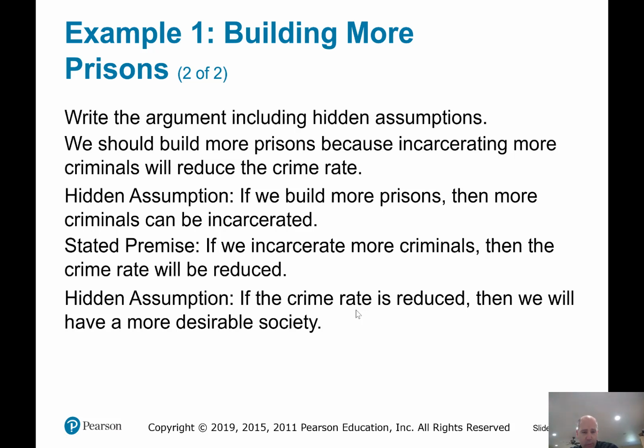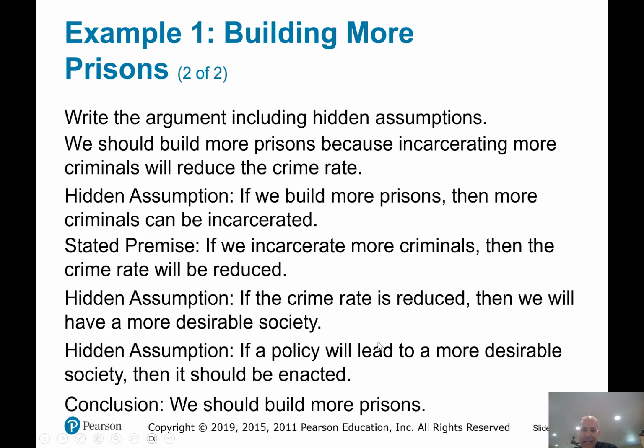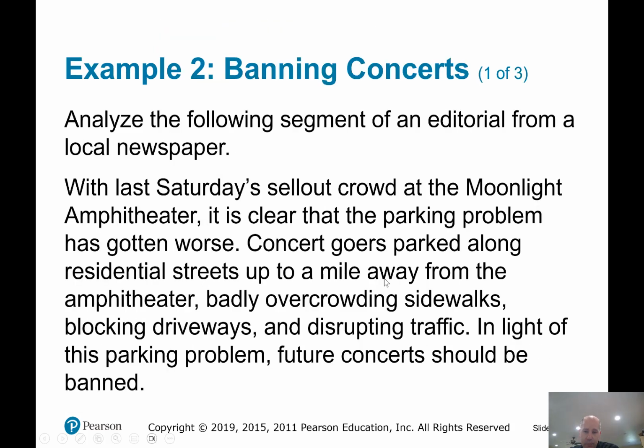We'll have a more desirable society. Therefore, one more. If a policy leads to a more desirable society, then that should be enacted, right? So that leads to the conclusion that obviously we should have a policy to build more prisons, right? So there are three hidden assumptions that were not obviously stated, but were implied by the premise.